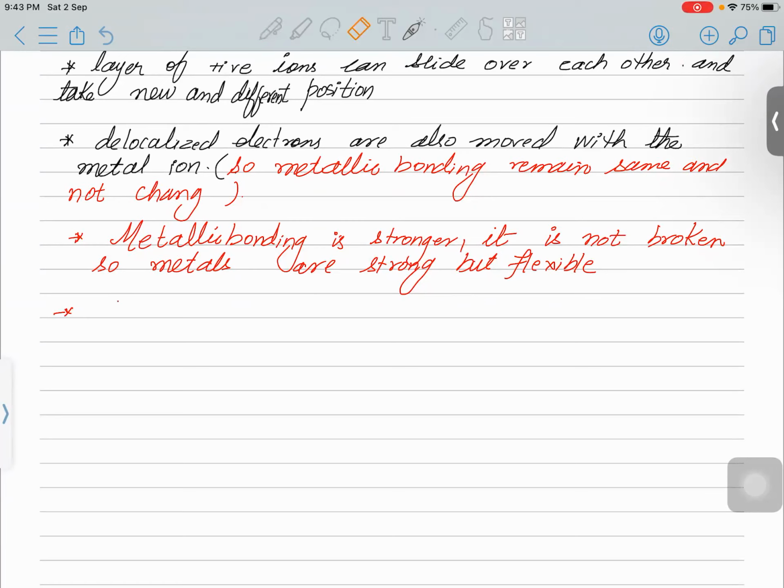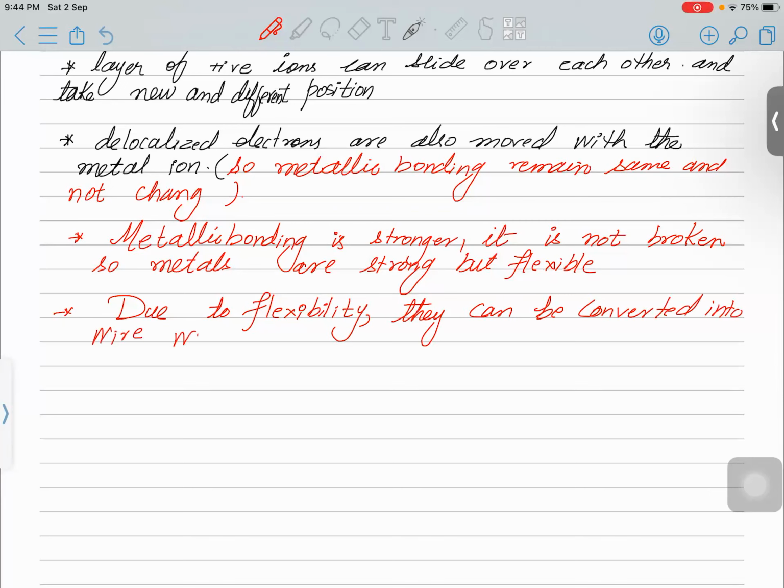Due to flexibility, they can be converted into wire without breaking.